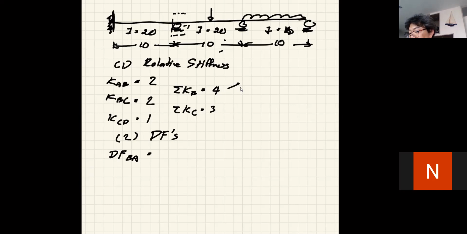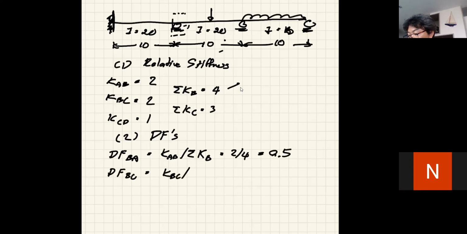That's going to be equal to KAB over sigma KB, which is 2/4, which is 0.5. And then distribution factor BC at joint B is KBC over sigma KB. Again, it's 2/4, so it's 0.5. Notice how that sums to 1.